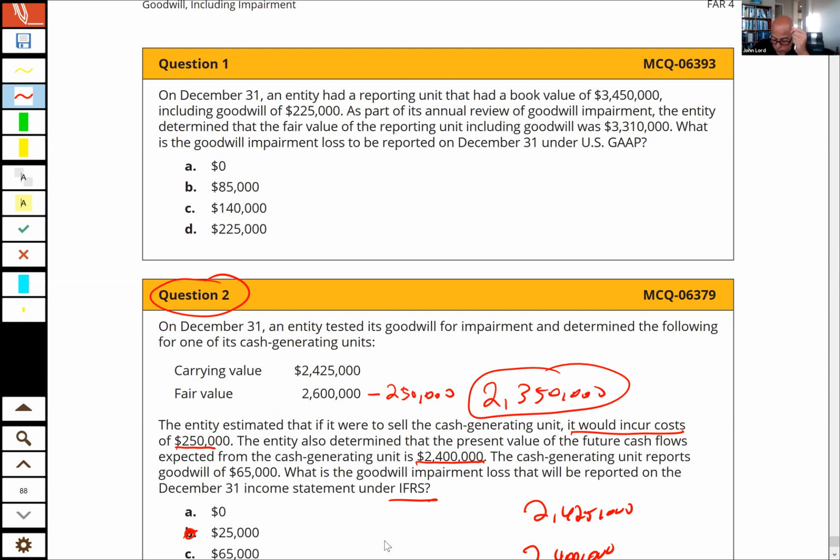Okay, guys, most of us who tried this one got it right. The answer here is C, but let's take a couple seconds to look at it.